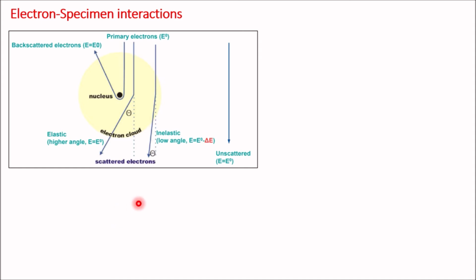One is that an electron of the primary beam is scattered by the electrostatic interaction with the positively charged nucleus of an atom to an angle more than 90 degrees, yielding the backscattered electrons. And this type of electron has practically the same energy as the ones of the primary beam.